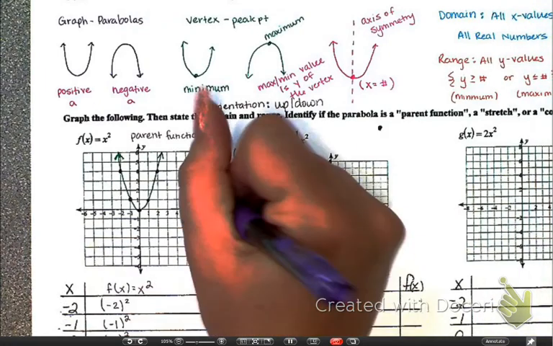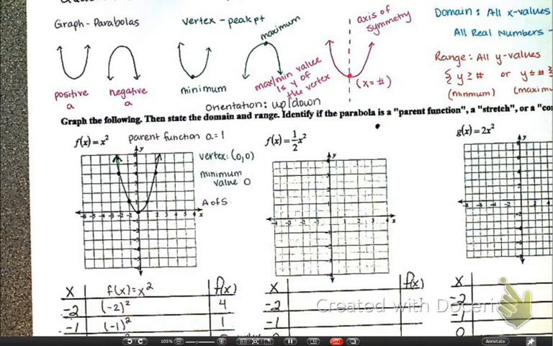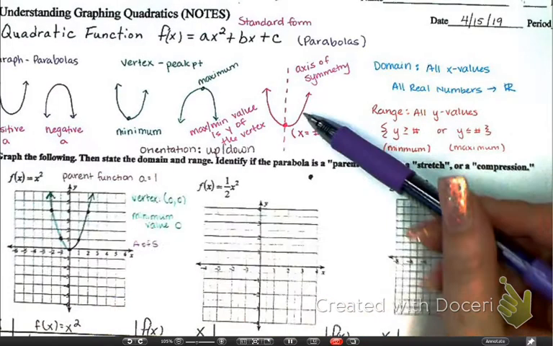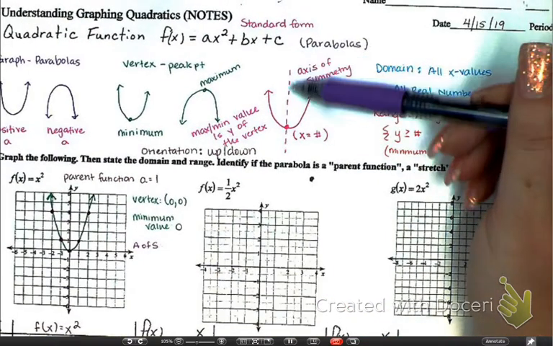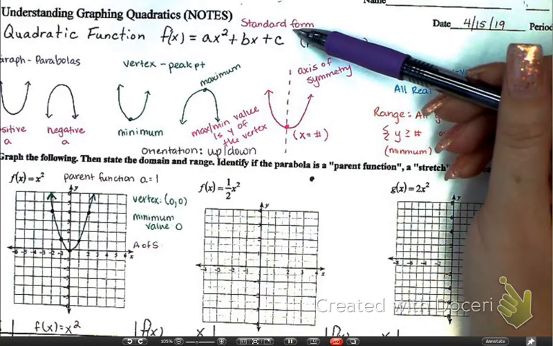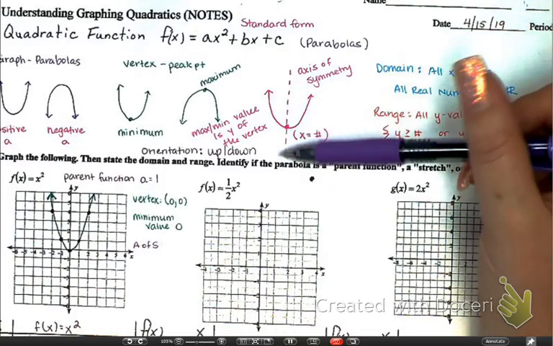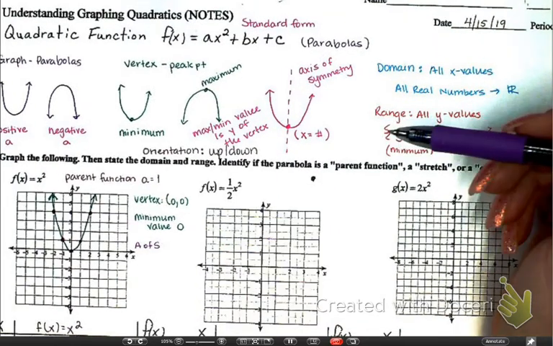I'm also going to name the axis of symmetry. So what did I say the axis of symmetry did up here? What do you notice about the axis of symmetry? It goes straight down the middle through what? The vertex, right? The axis of symmetry goes straight down the middle through the vertex.